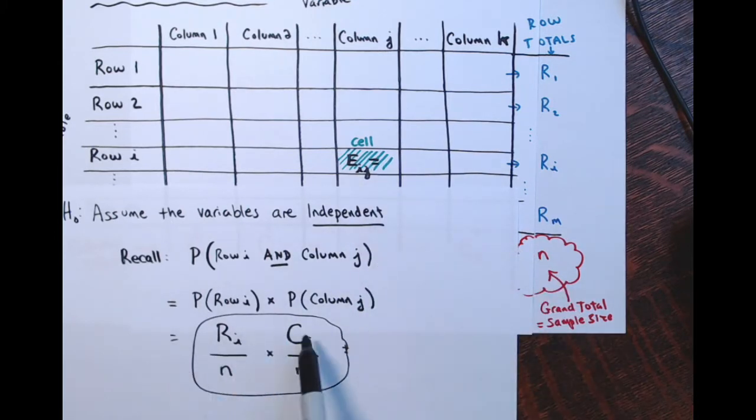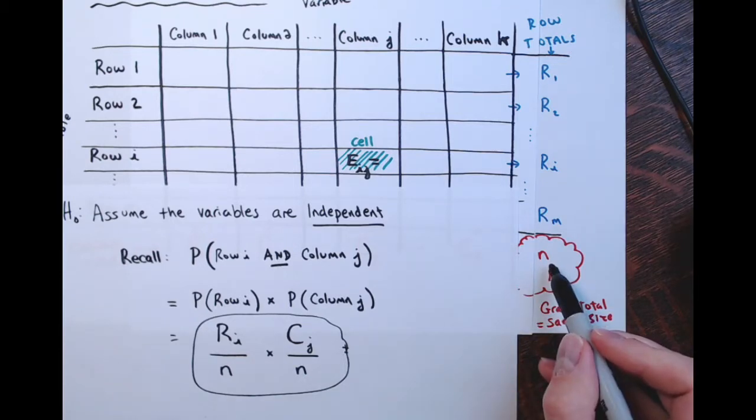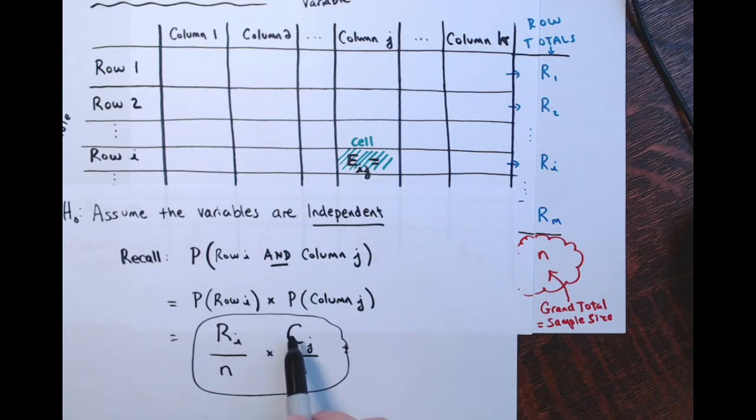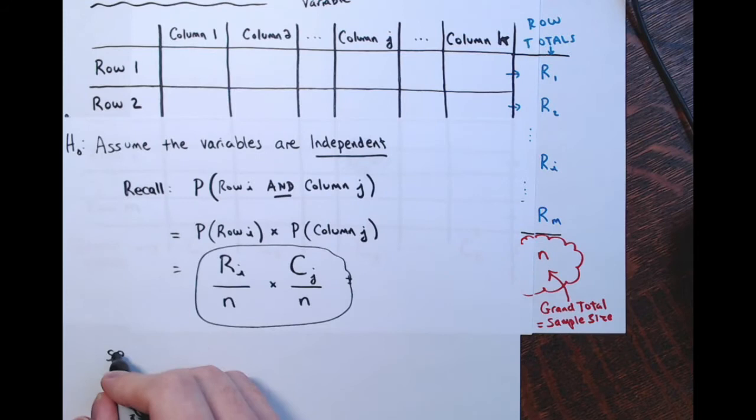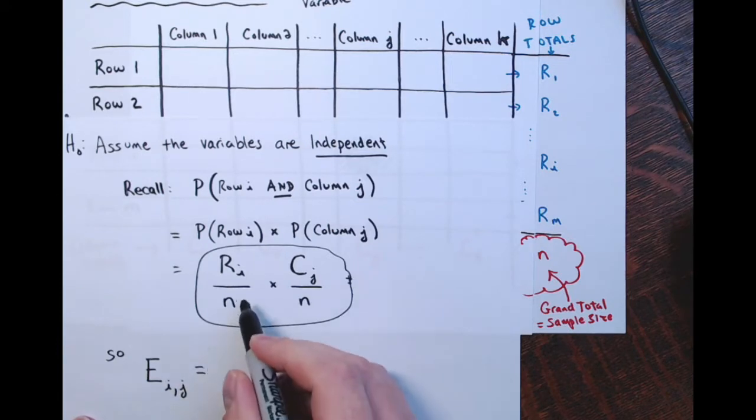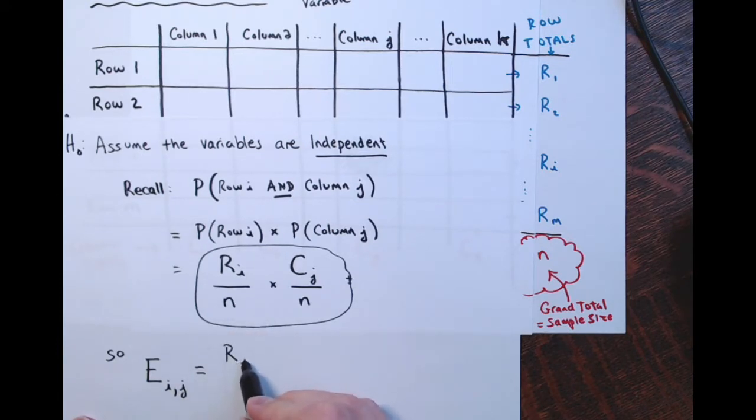So remember, probability is like a percentage, a fraction, something less than 1. So there were n total people. I'd expect this percentage of n to be in that cell. So we would expect in the ith row, jth column cell, the row I total times the column J total, divided by n times n.